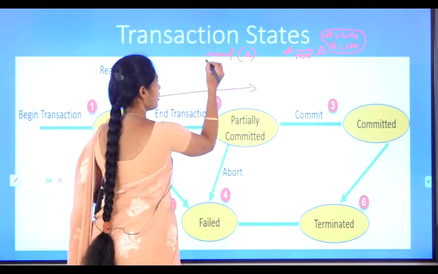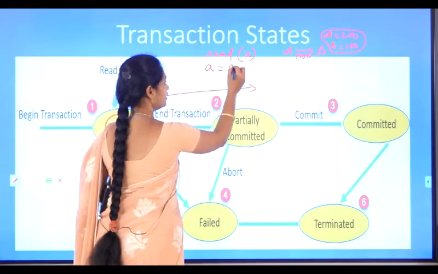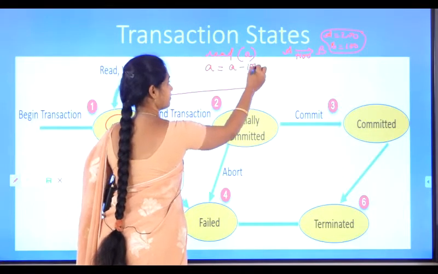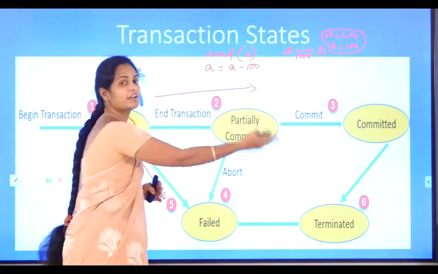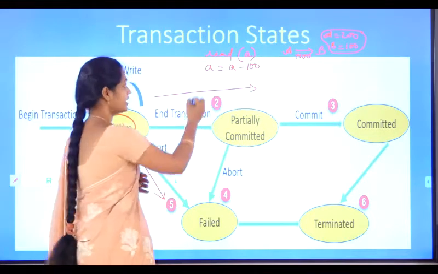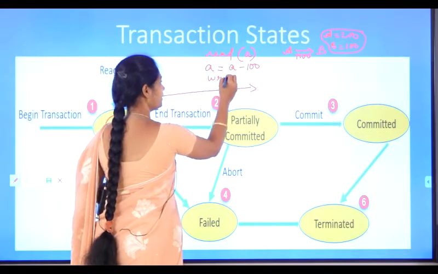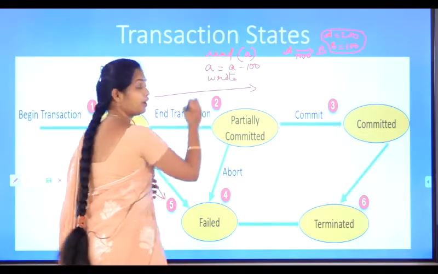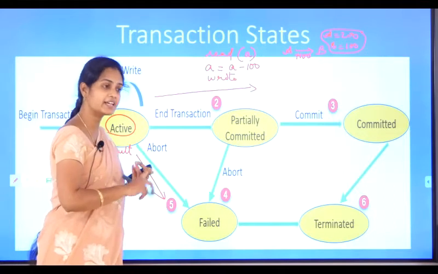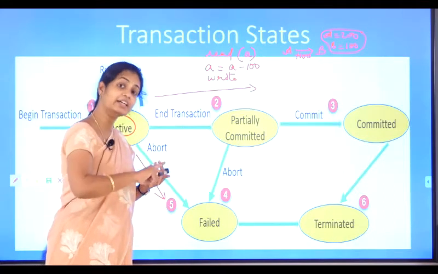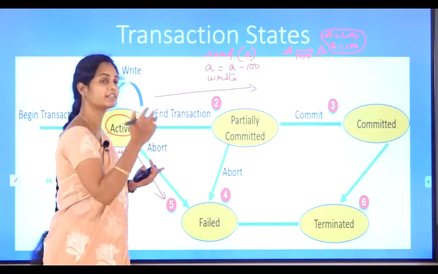What instruction do I need to write? A equal to A minus 100, because I am giving away 100 rupees to B. Then you need to update. Update means write operation. Reading is nothing but accessing the information, writing is nothing but updating the information.